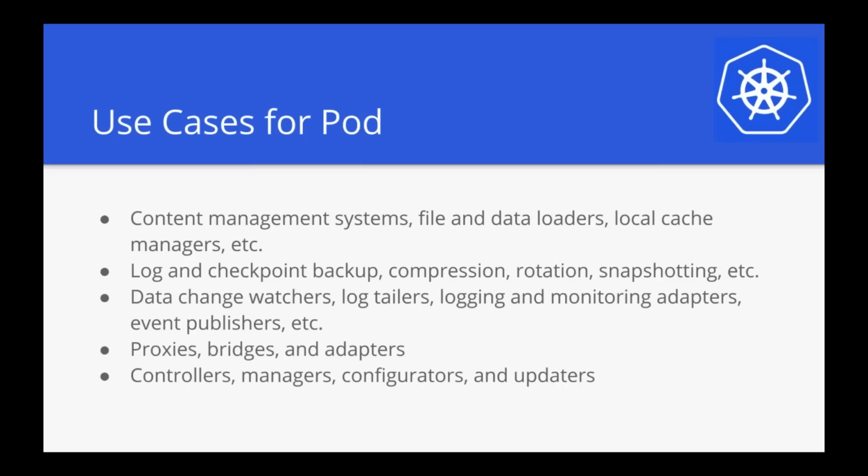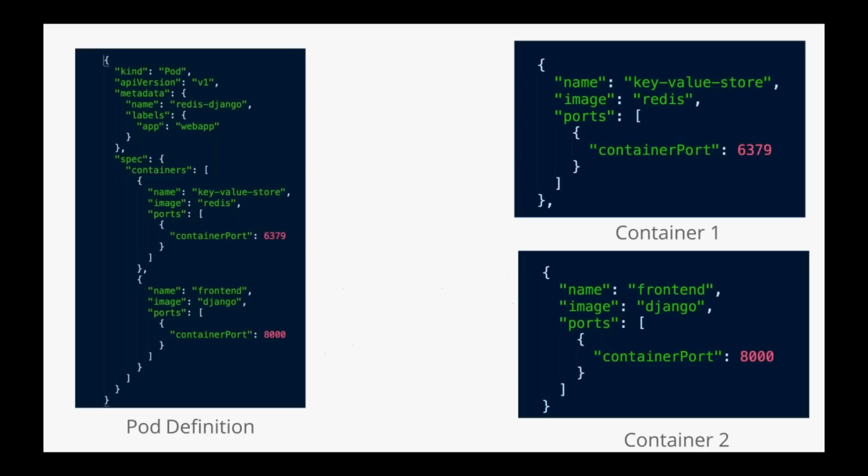And there are also some additional cross-sectional patterns where you might have a proxy fronting a certain connection stream or offloading connections to a certain source or target system, and then bridging and adapting to another set of containers.